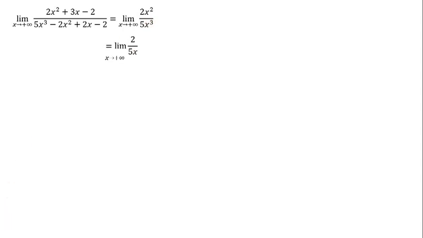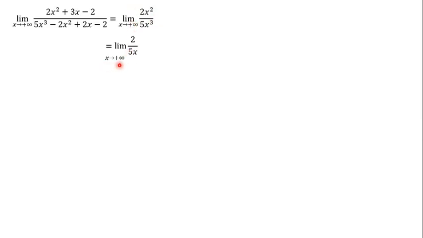What do you think we can do at this stage concerning our shorter approach? The term with the highest power at the numerator is 2x squared. The term with the highest power at the denominator is 5x cubed. So we have 2x squared divided by 5x cubed, which when we simplify, x squared cancels, giving 2 over 5x.